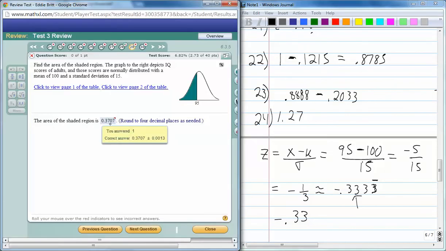Yep, 0.3707. Notice that it has plus or minus, and that allows for a bigger error because we rounded there. So if you were using a program, not the actual table, it's going to give you something different than that because we rounded our z-score. That's why. And you have to round the z-score to use the table.